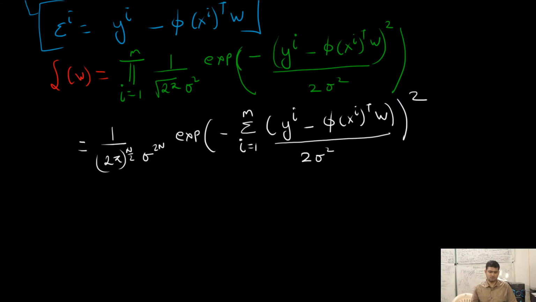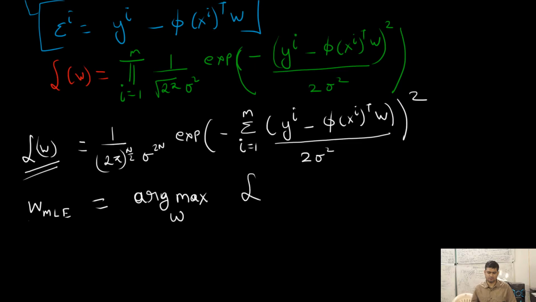So this is the likelihood of the parameter w. To get the optimal w, we can maximize the likelihood. So we get w_MLE, or the maximum likelihood estimate of the parameter w, is the one that maximizes the likelihood, is argmax over w of L of w.